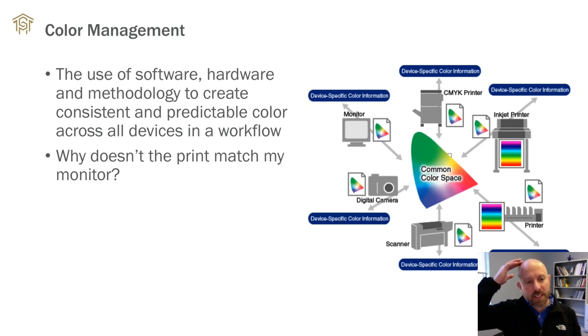So color management is a way to control how the color is reproduced from any other device. Every single device, regardless of the make and the model, is going to reproduce color in an individual way. Every device in itself is kind of like a snowflake.